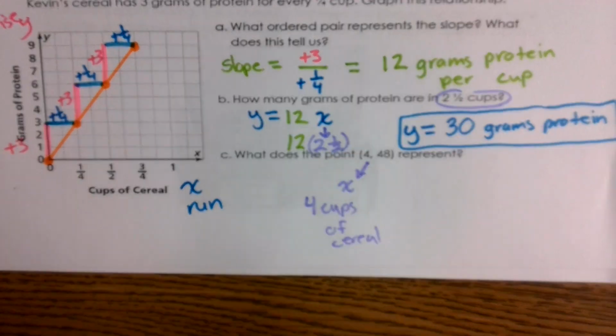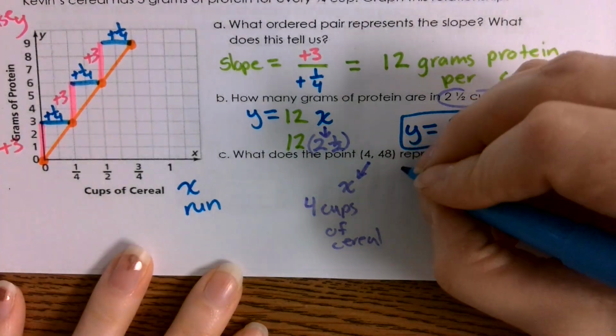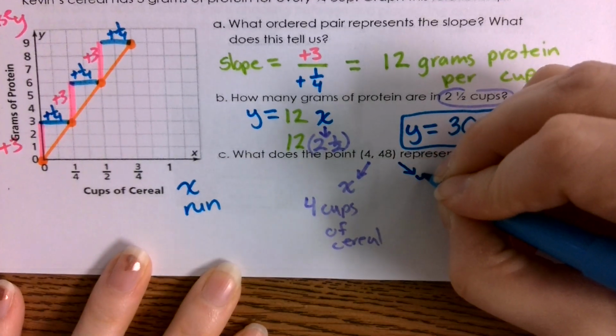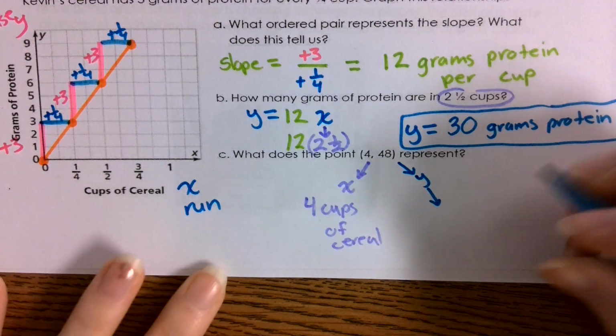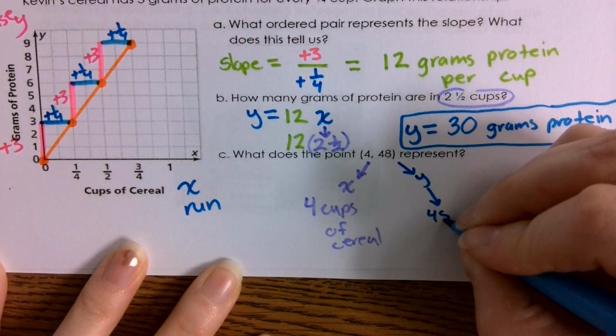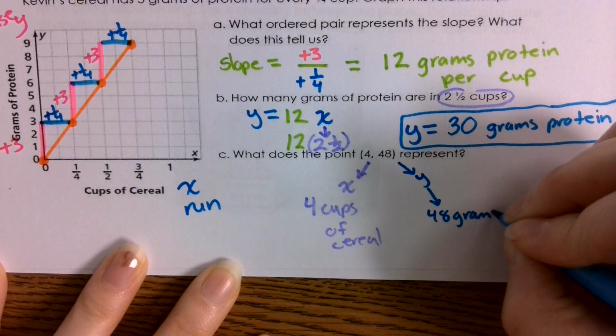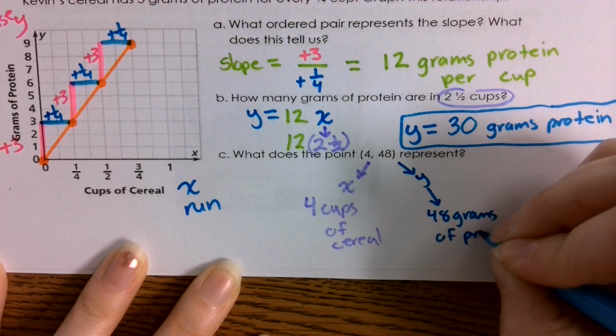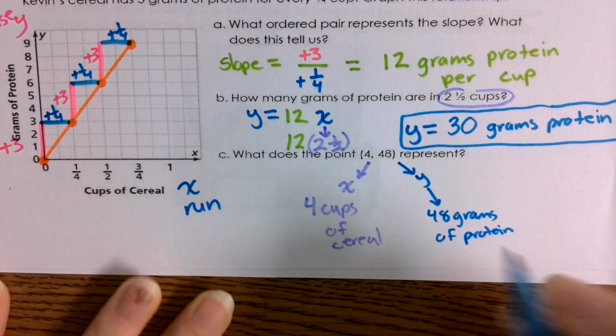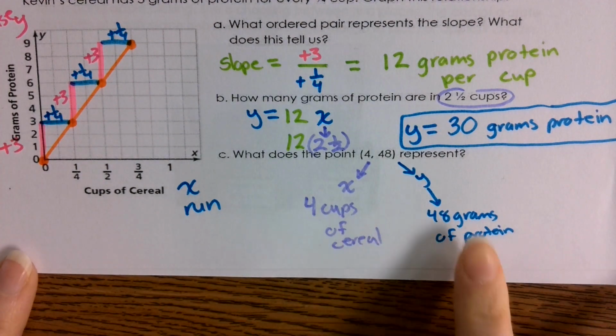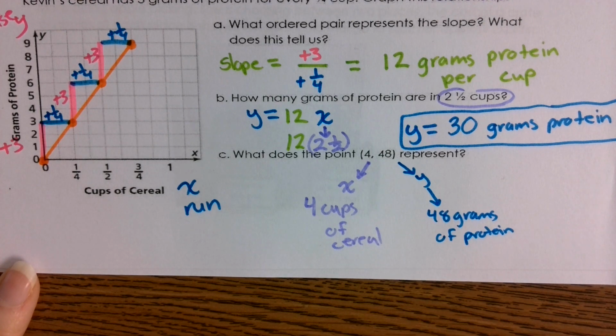And then the 48 stands for our y. So that's going to be 48 grams of protein. So when we have 4 cups of cereal, we have 48 grams of protein. That's just breaking this down little by little. Go ahead and flip it on over to the next page.